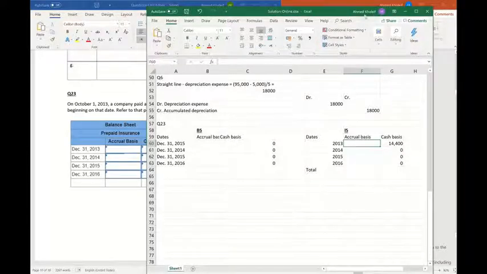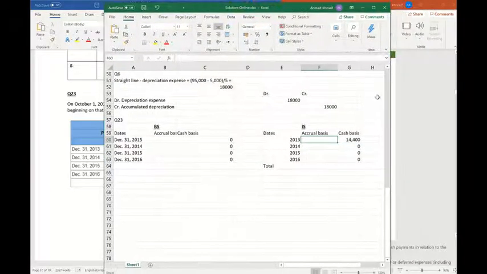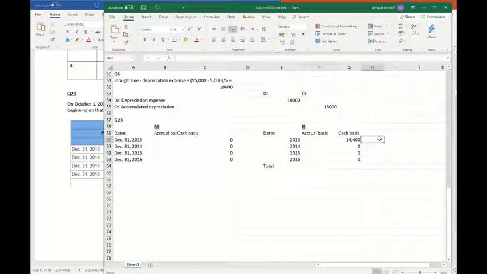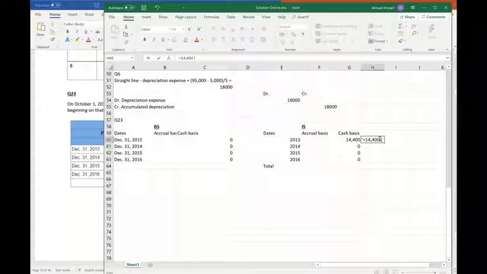So for the first year, the insurance used is mainly 14,400, which is covering 36 months, multiplied by from October to the end of the year December.